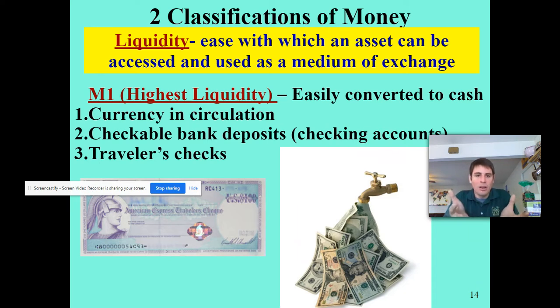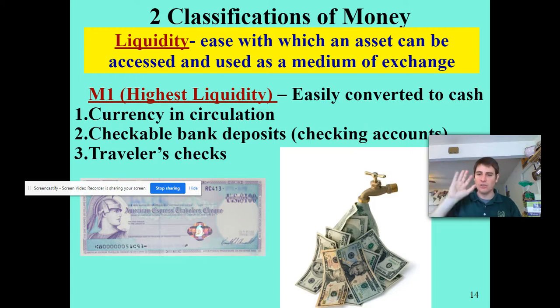Well, they already are cash. So yes, that counts. Checking accounts too count as M1 liquidity. It's classified as that. I can go to any bank, any ATM. They might charge me a little bit of a surcharge, but I can transfer that money from my checking account to cold hard cash, no problem.